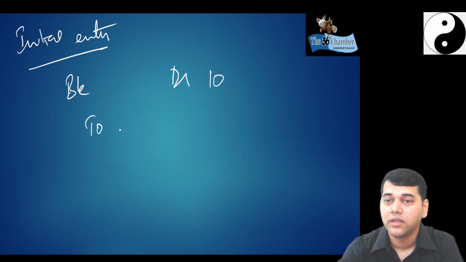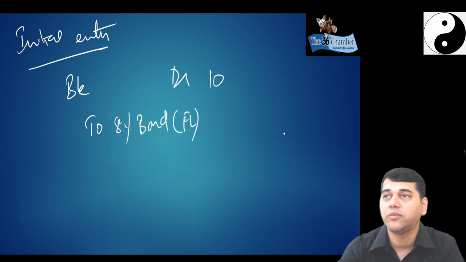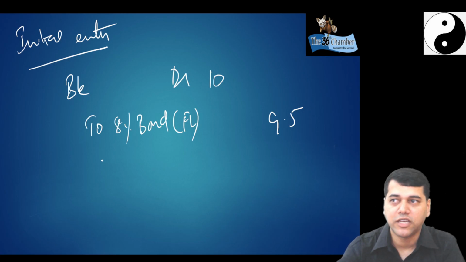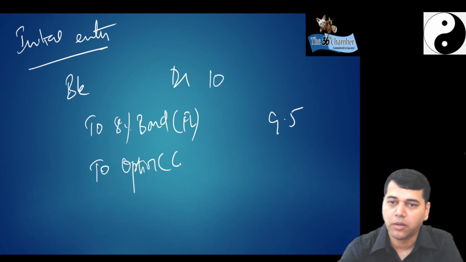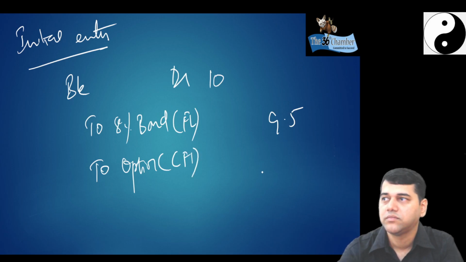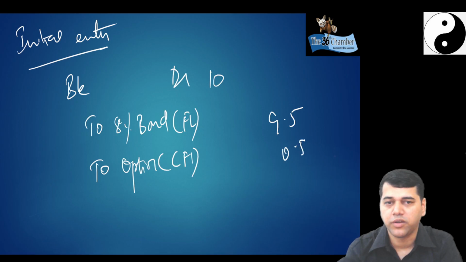To 8% bond, financial liability, how much? 9,50,000 fair value. The liability has to be recognized at fair value. To what? Option, compound financial instrument or equity portion of compound instrument. You can call it anything. 50,000.